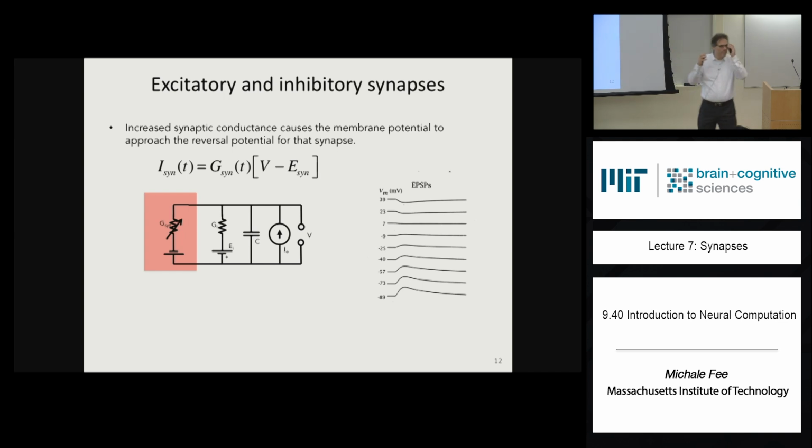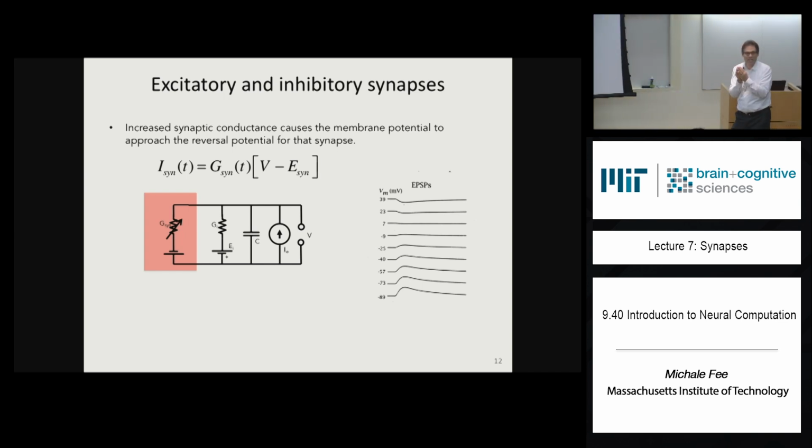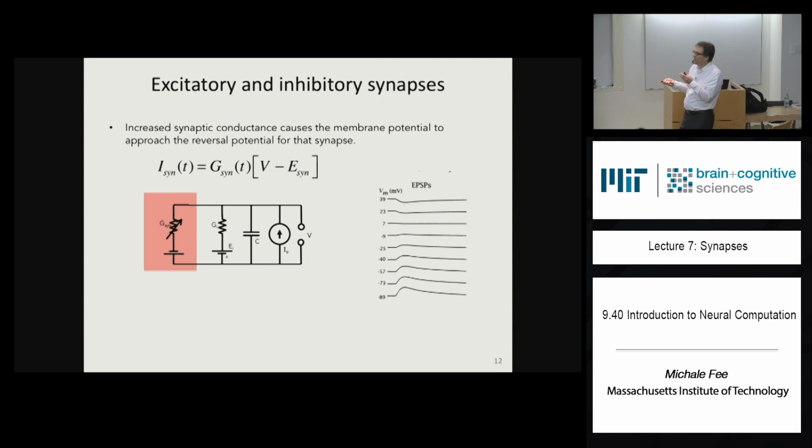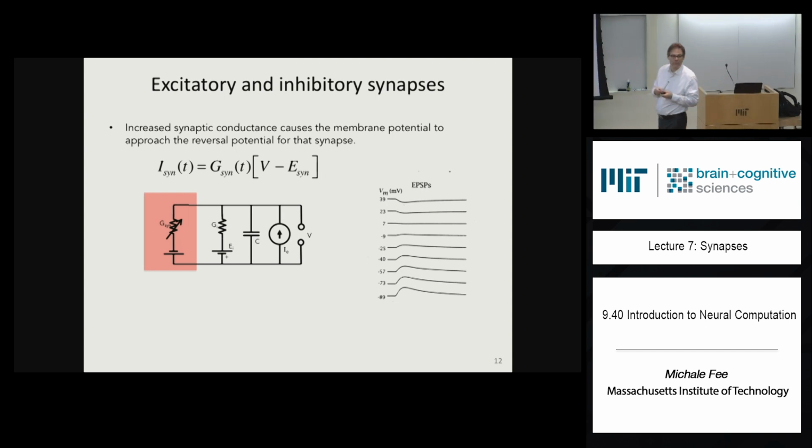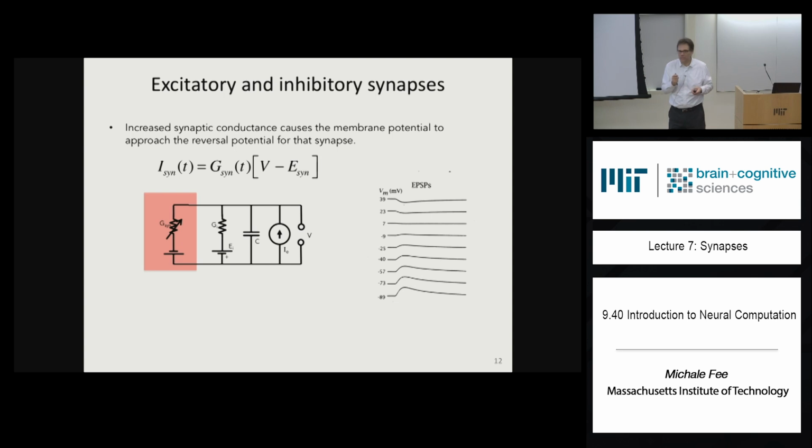So here's what I want to convey: when you activate a synapse, it forces the voltage in the cell to approach the reversal potential of the synapse, the voltage of that battery. Is that clear?